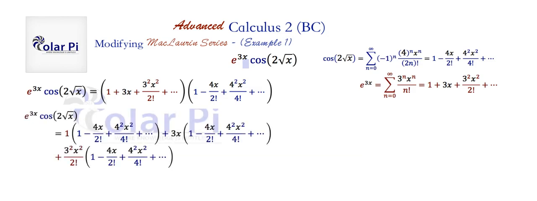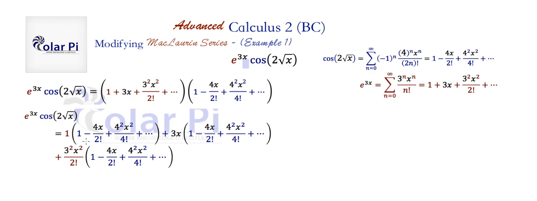So that'll look like this. And of course, I need to have plus dot dot dot out here too, because the next thing we would have done is take the 4th term in the expansion of e to the 3x and multiply it to the whole cosine 2 root x Maclaurin series, and continue in that fashion. But I figured you caught on to that.